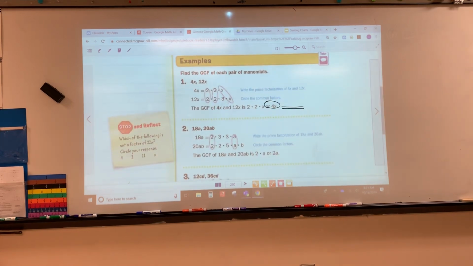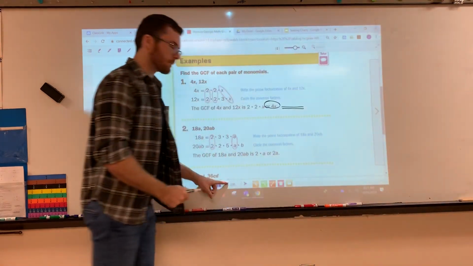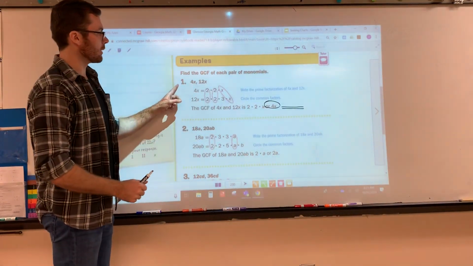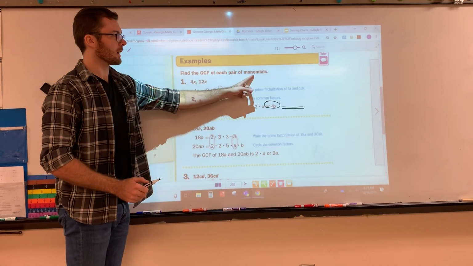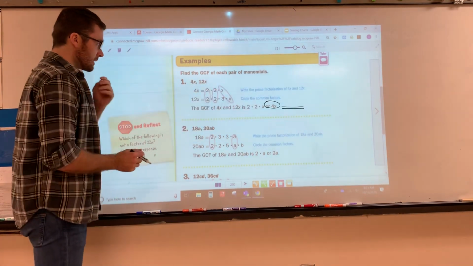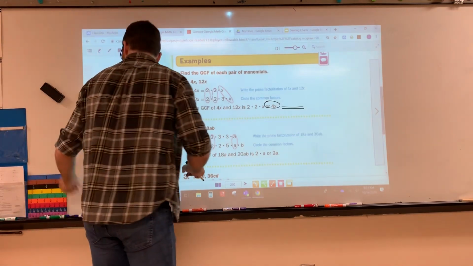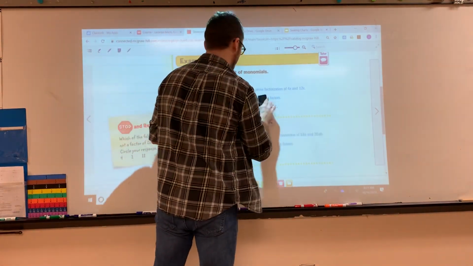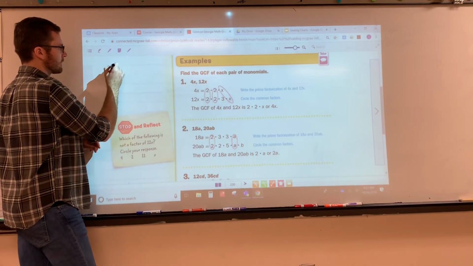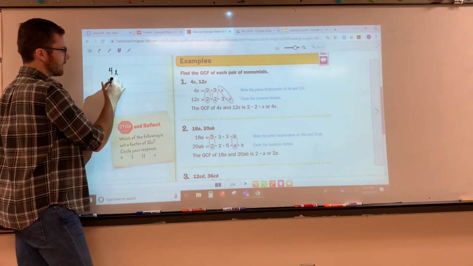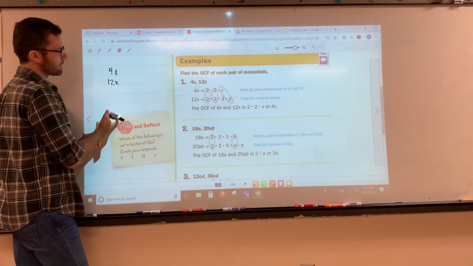If you look at page 230, we're going to be looking at number 1. It says find the greatest common factor of each pair of monomials. So, excuse me, we have 4x and we have 12x, all right?